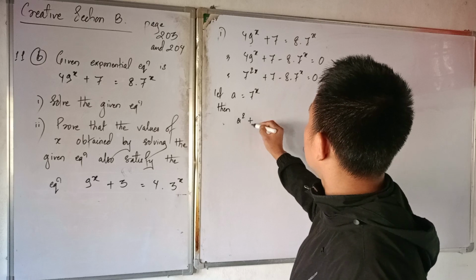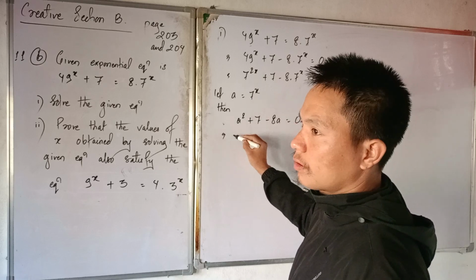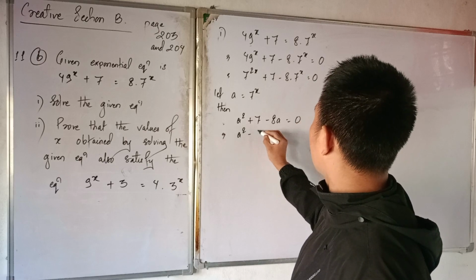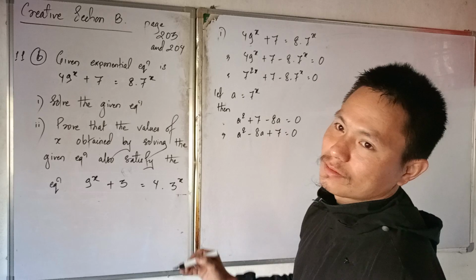So this will become a squared plus 7 minus 8a equals 0, or a squared minus 8a plus 7. Try to arrange it in standard form.